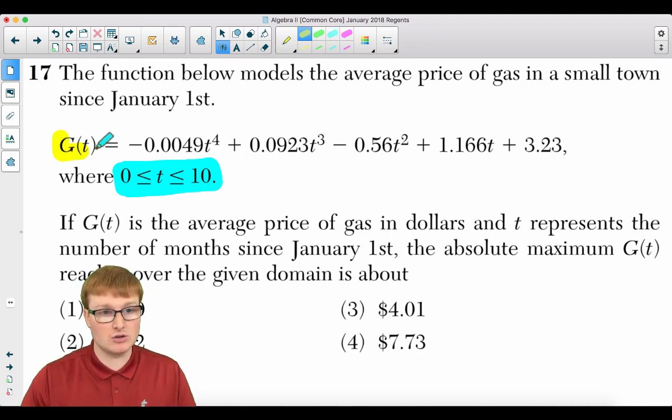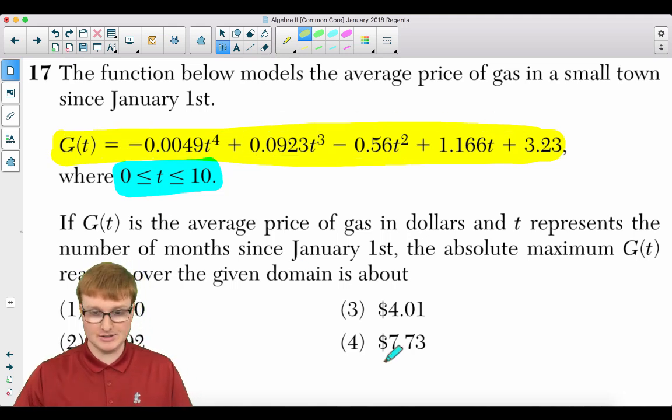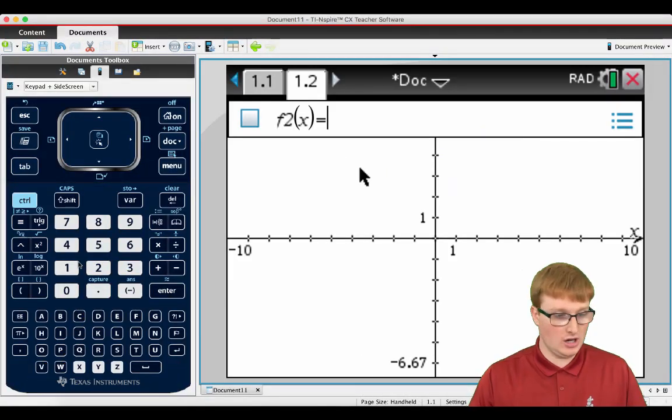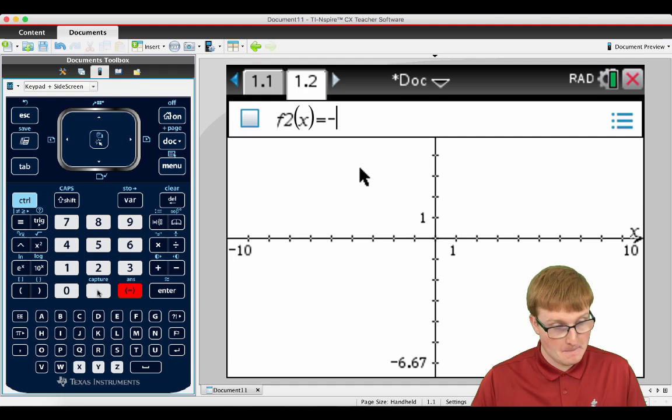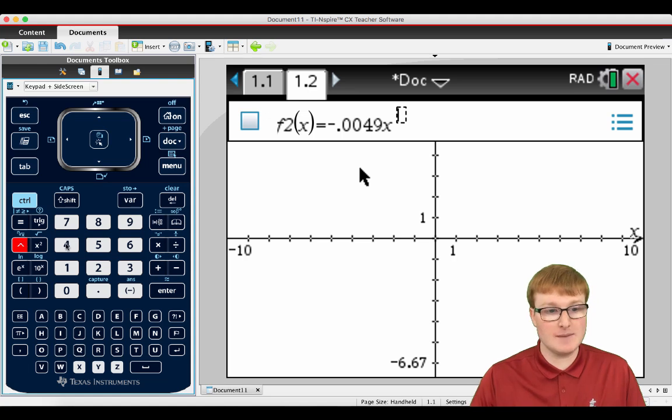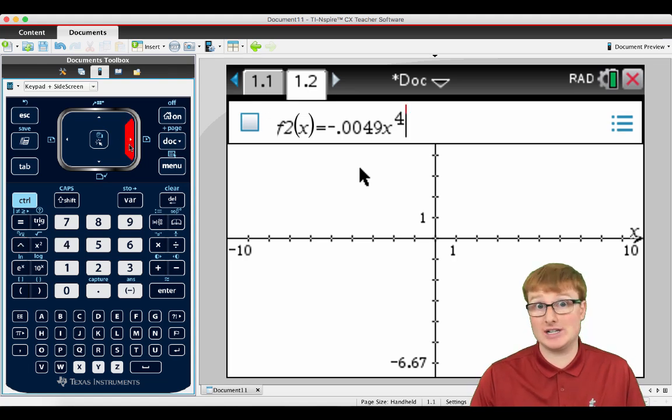And we are going to go ahead and graph G of t on our graphing calculator. So we need to take our time graphing this appropriately. Let's go ahead and do that now. So I'm going to take my time with this. So we have negative 0.0049 x to the fourth. Now make sure that you type in x because you can't type in t into your calculator. It's not going to work.